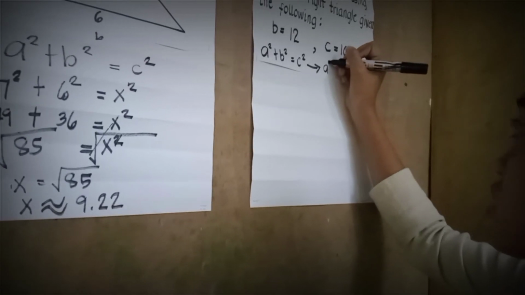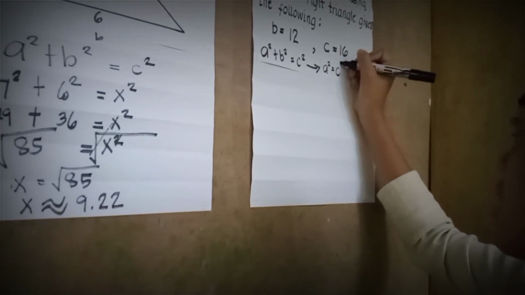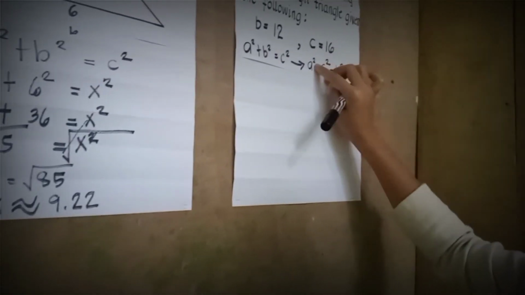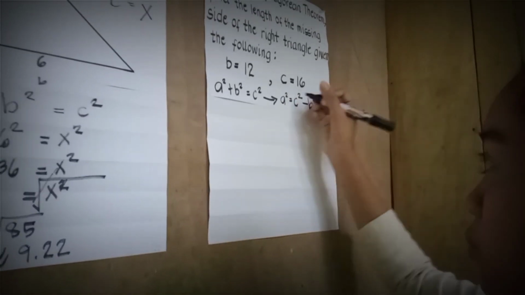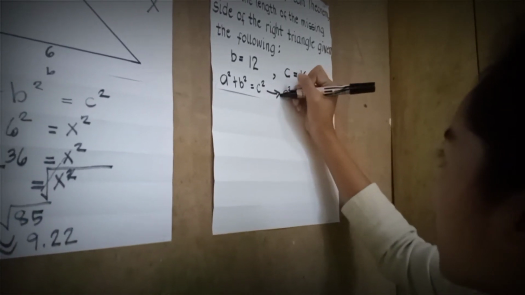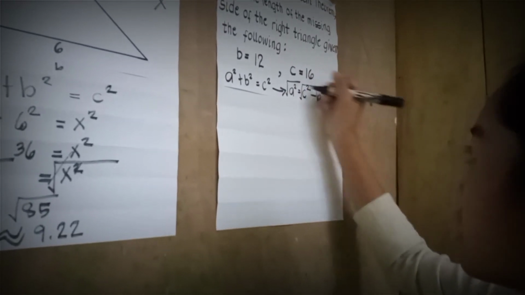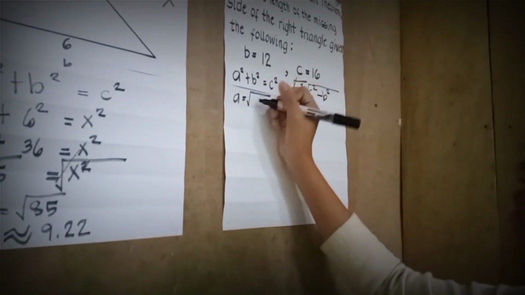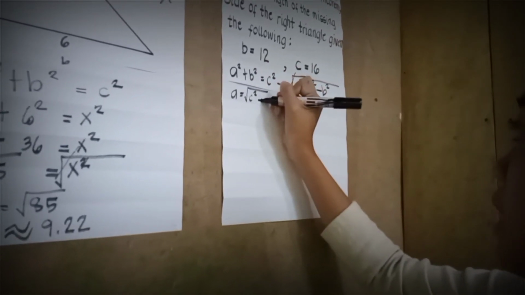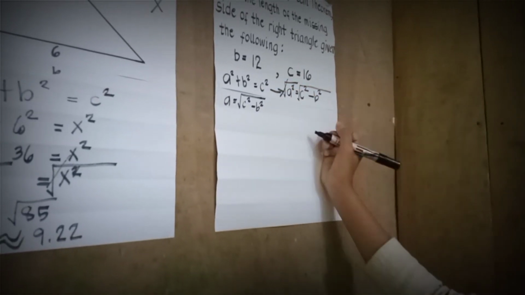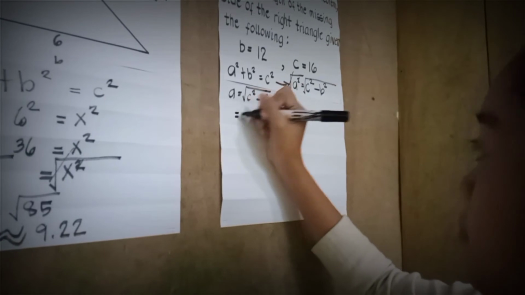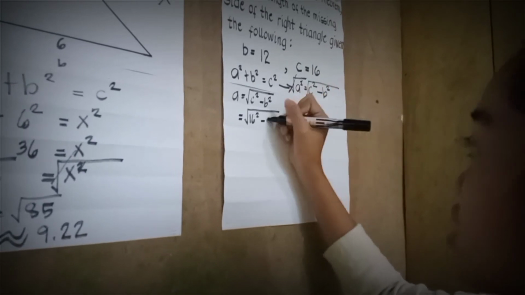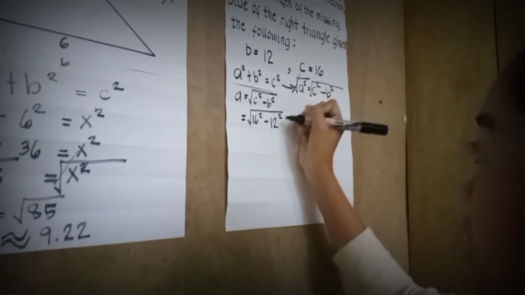So, a squared equals c squared minus b squared. Since there is an exponent, we use the radical sign to cancel the exponent. a equals the square root of c squared minus b squared. Let's substitute: 16 squared minus 12 squared.